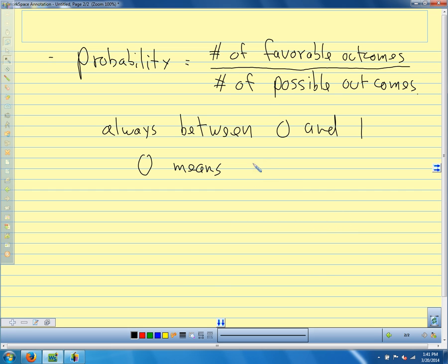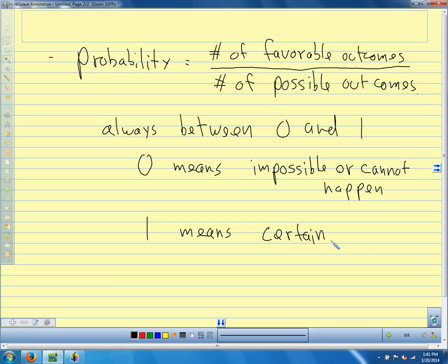It cannot happen. And a probability of 1, what does that tell us? It means it's certain to happen. It has to happen.